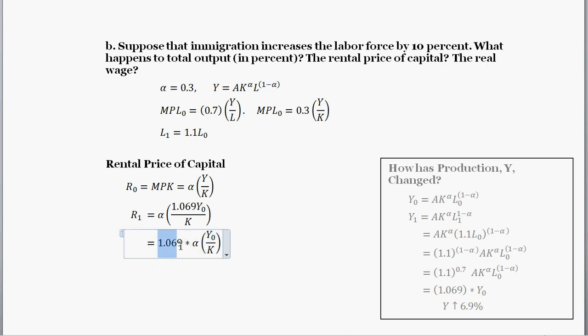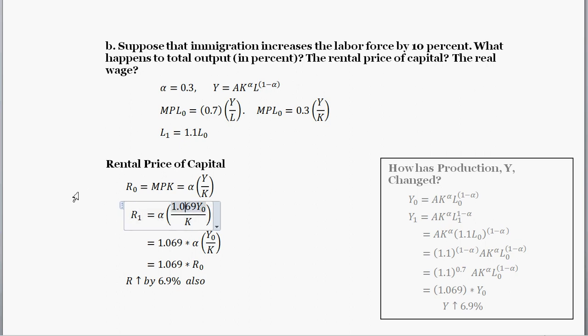So it's 0.069 times our initial rental rate. So I could just substitute that in. So that means the rental rate of capital has gone up by 6.9% as well.